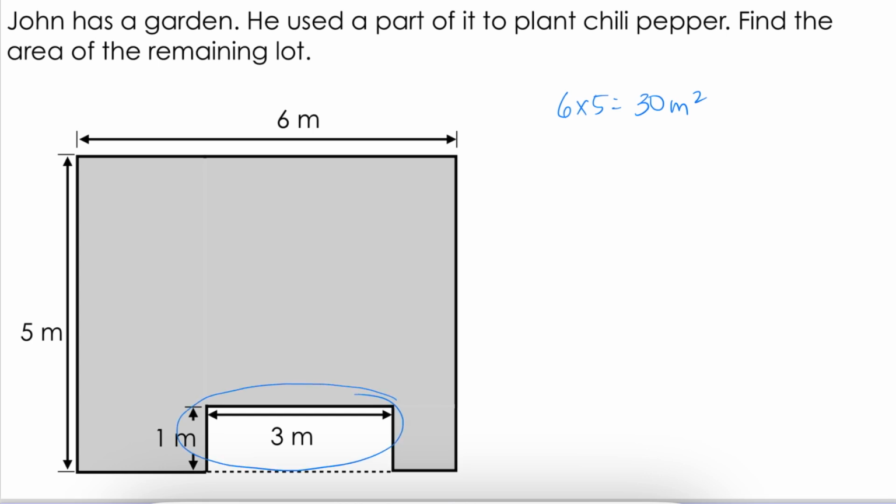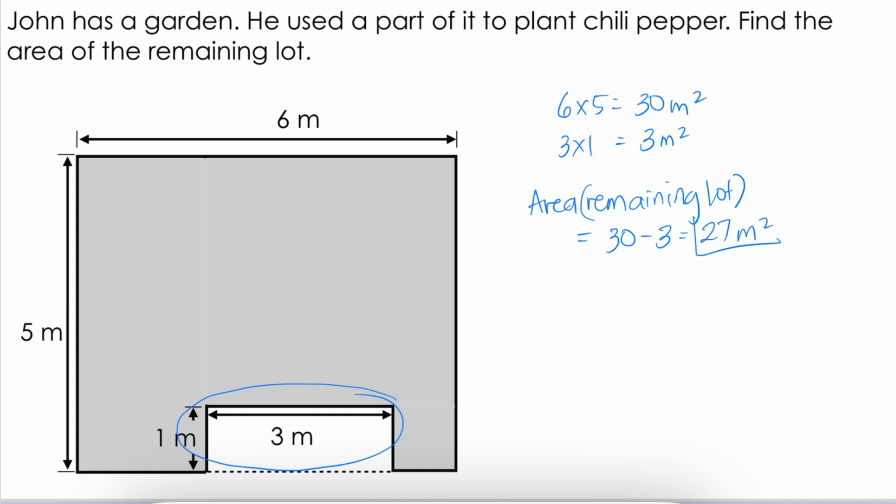And then the area of this small rectangle where he planted the chili pepper, 3 by 1, that's 3 square meters. So the area of the remaining lot will now be 30 minus 3, 27 square meters.